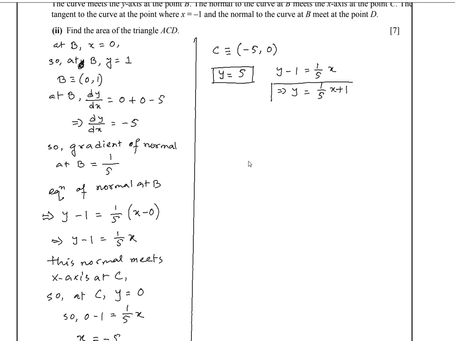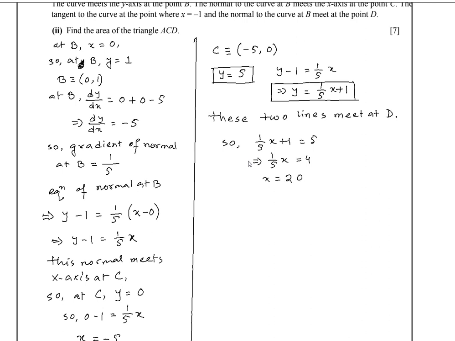The question says that these two lines meet at point D. So if we solve them simultaneously, we will get the coordinate of D. So let's solve. 1 over 5 x plus 1 equals 5, so 1 over 5 x equals 4, so x equals 20. So at D the x coordinate is 20, and the coordinate of D is (20, 5).